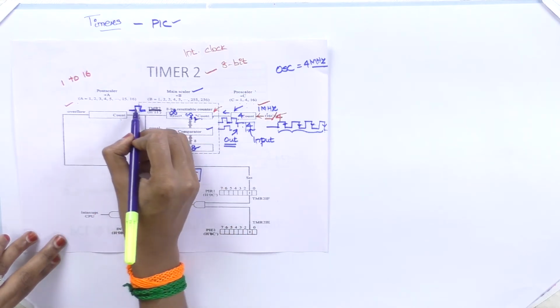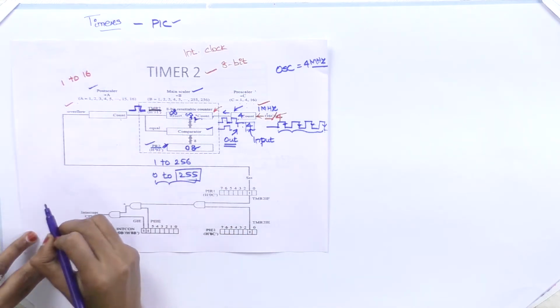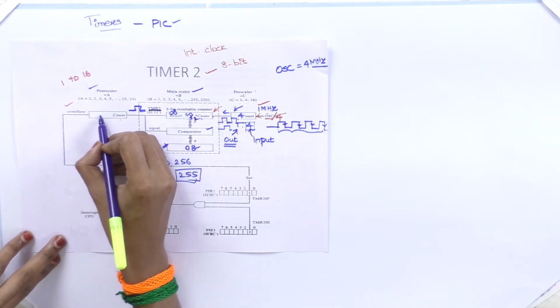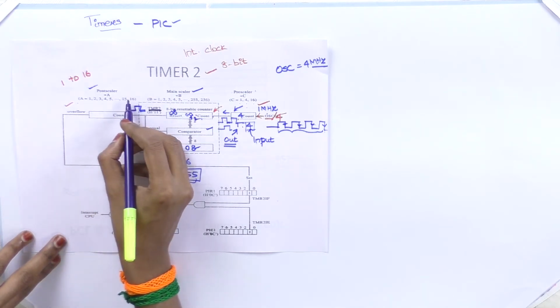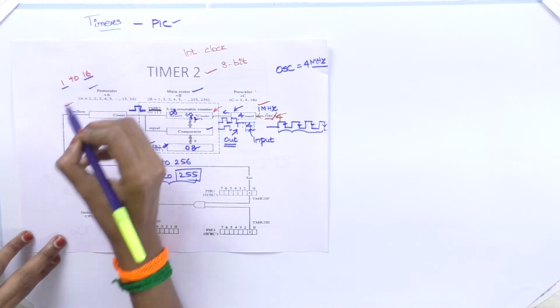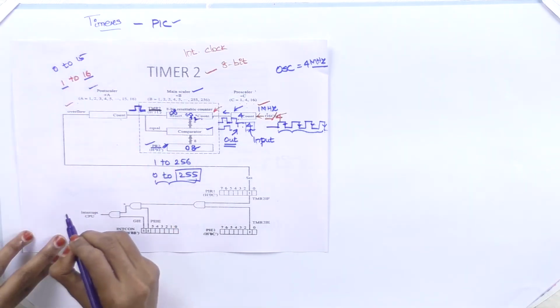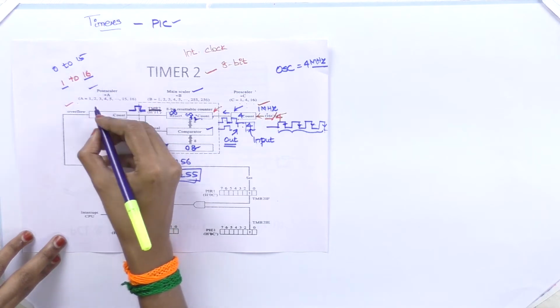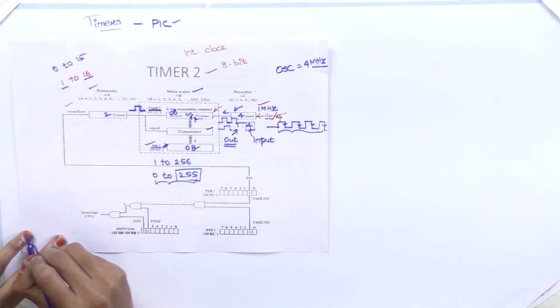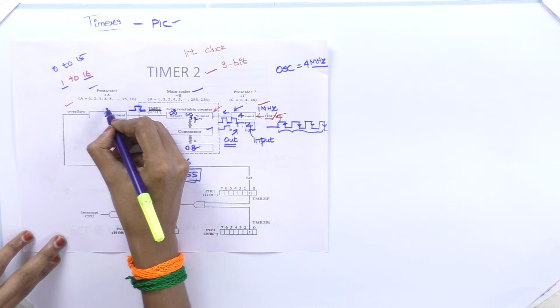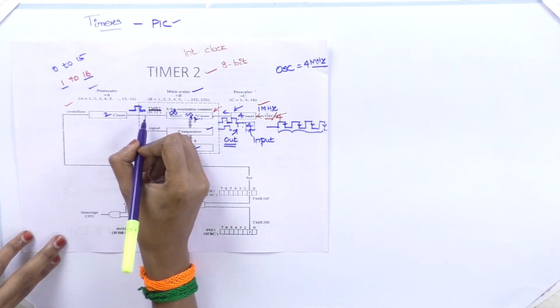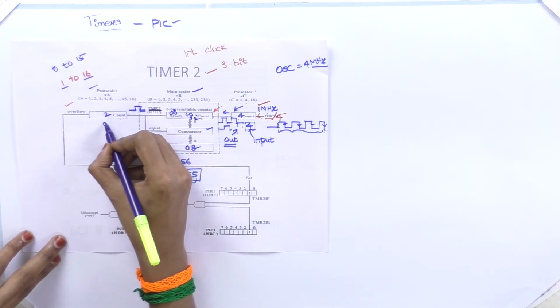Now this clock pulse is the input for the post-scalar. In the post-scalar register, I can fix a value from 1 to 16, or 0 to 15. If I have fixed the value to 2, it will initially have the value 0.